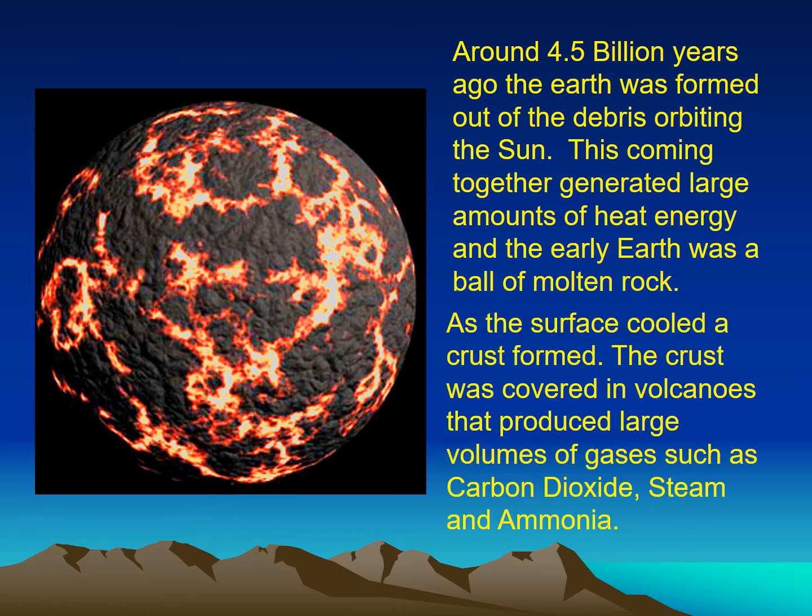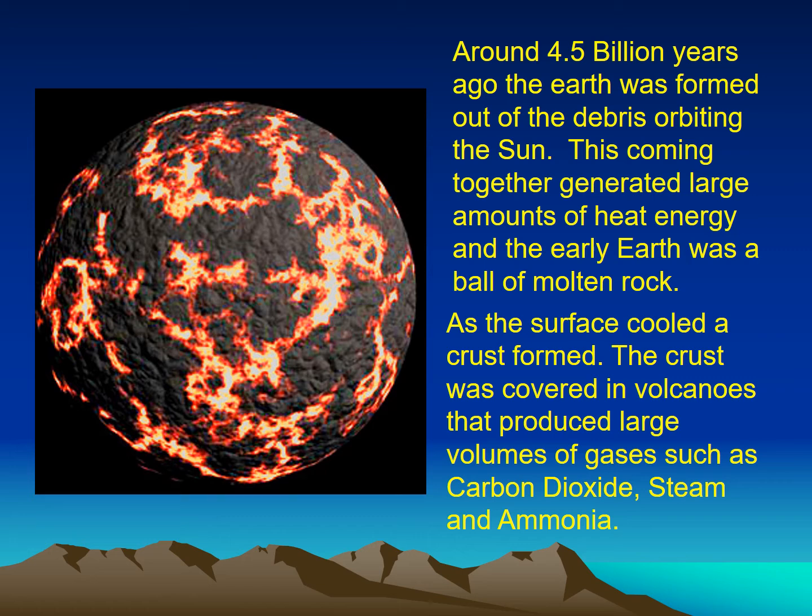But then all these volcanoes started to form as the surface cooled. And then these volcanoes, or any volcanoes, because they still do it now, they produce large volumes of gas. So they release lots of carbon dioxide, lots of steam, and lots of ammonia. And they release all of that into the atmosphere.